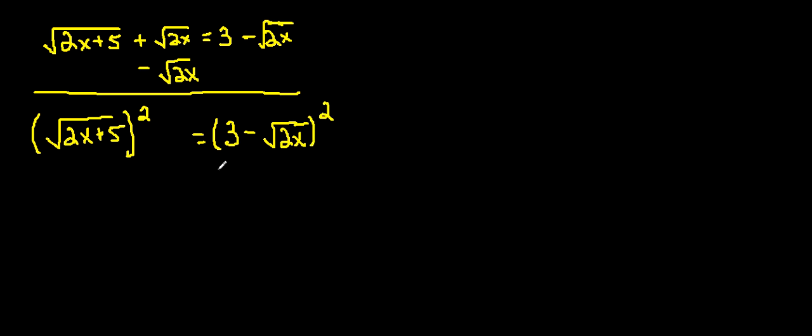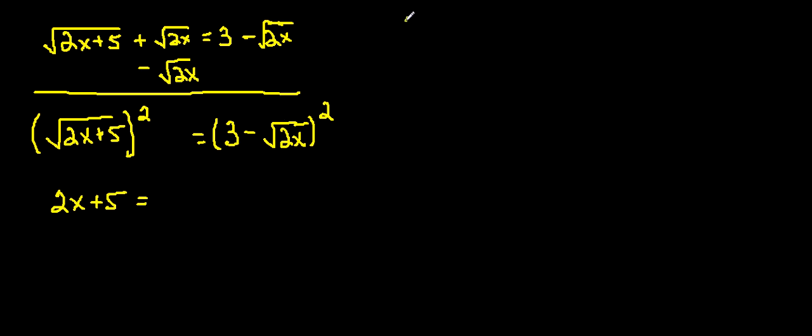Square both sides. And now the square root of 2x plus 5 squared is 2x plus 5. And that's going to be equal to, I got to multiply these two guys out now.